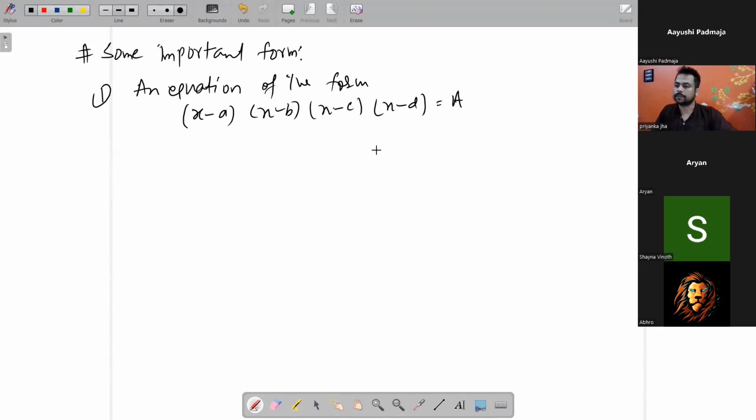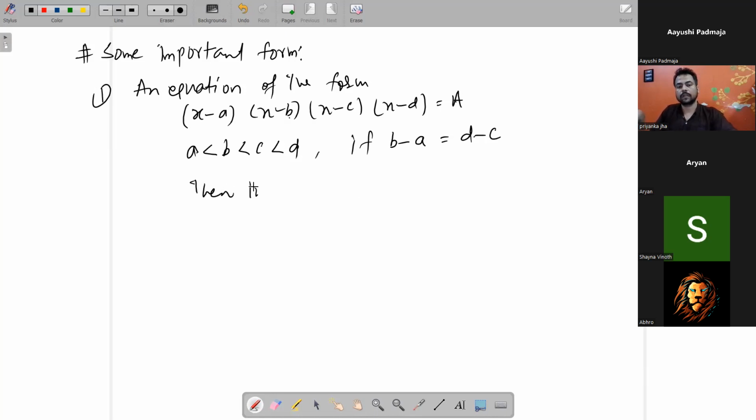If you have this kind of equation, and if a is less than b is less than c is less than d, then check if b minus a equal to d minus c.